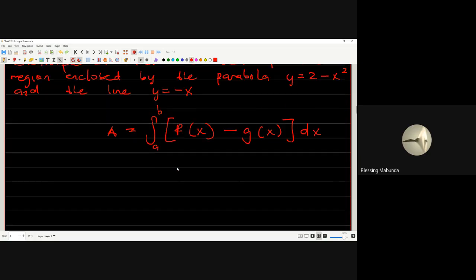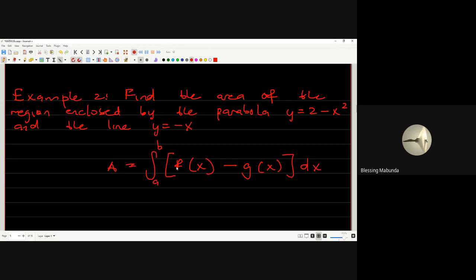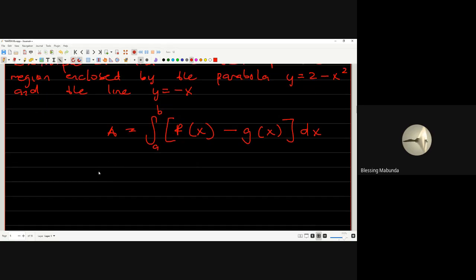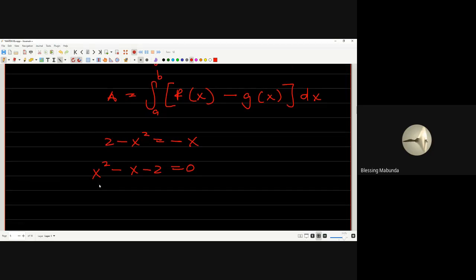So we're going to solve this simultaneously. We'll take our 2 minus x squared, and this is equal to minus x. So this is x squared minus x minus 2, which is equal to 0.